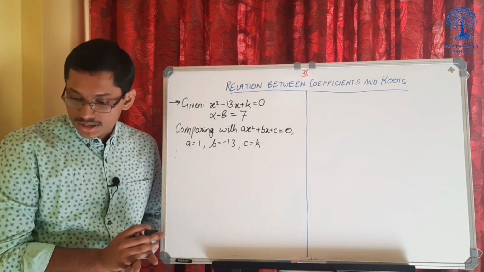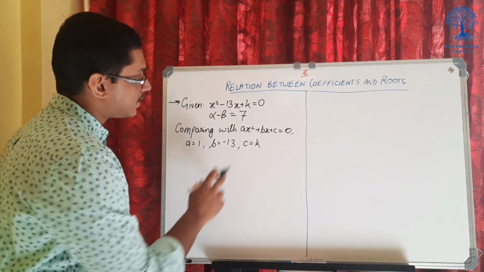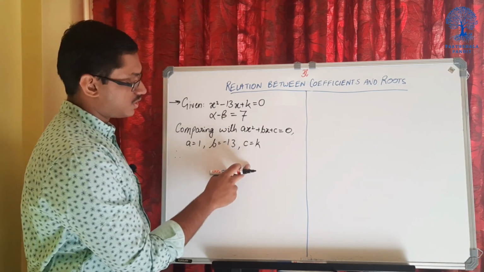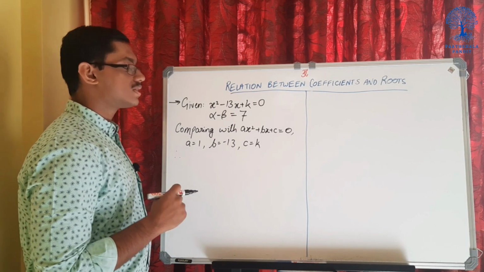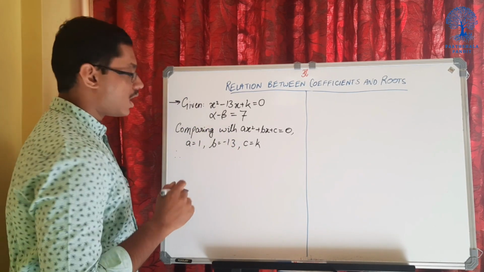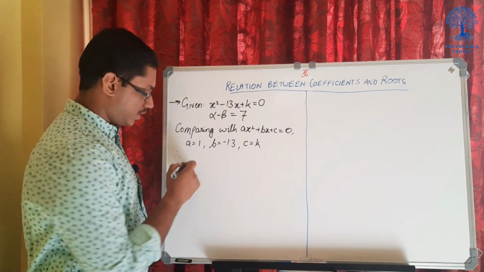We are required to find k here, and it is at the c position. So first let's find out the roots. How will we find the roots? By using those two formulas.